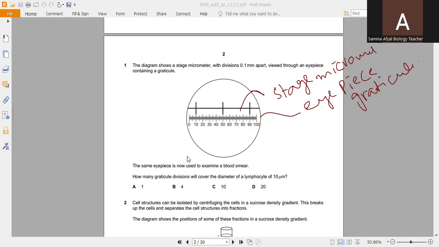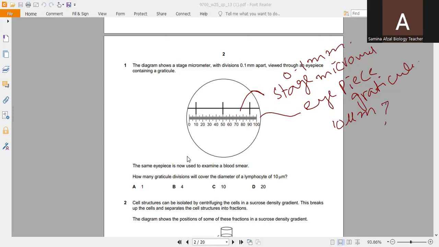First of all, you can see the stage micrometer division distance is 0.1 millimeter, which has been given, and the lymphocyte diameter, which we have to find out, is about 10 micrometer. So this is our target.